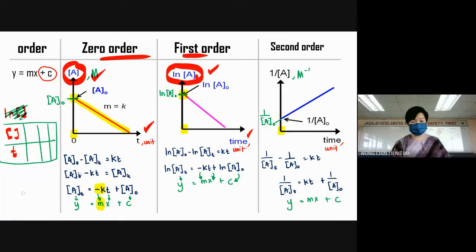Tengok dia lebih. Saya tak nak lebih ni. Tahu tak kenapa? Paksi X kamu time. Boleh ada time negatif tak? Dia lain sikit dengan fizik lah. Kita tak ada time negatif, betul? So jangan lebih.